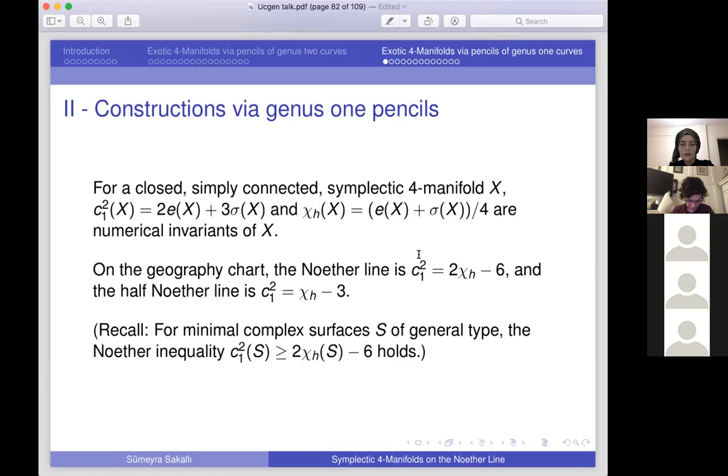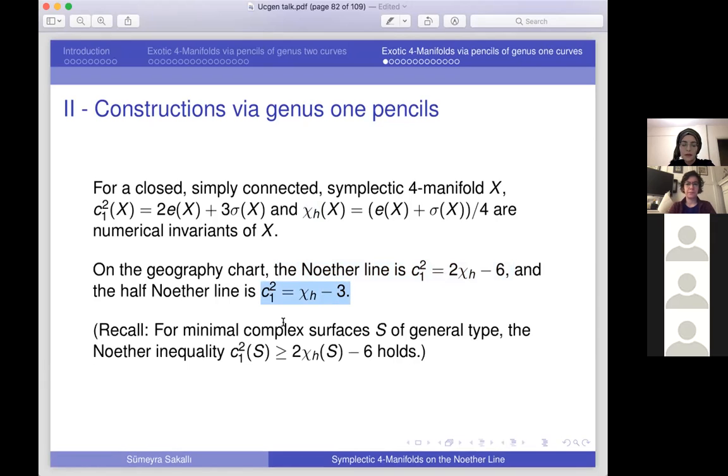And on the chart, we have some special lines. So we have the Noether line, and it is given by this equality, C1 squared equals 2 chi h minus 6. And there is also the half Noether line, and it is C1 squared equals chi h minus 3. And in my work, I have made constructions lying between these 2 lines on the geography chart.